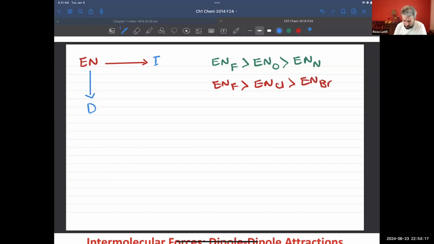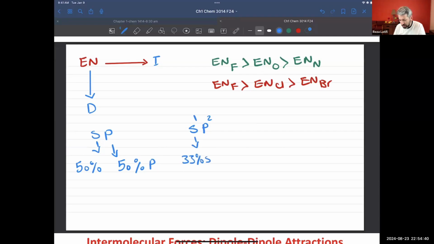That's one. We also talked about hybrid orbitals. We said sp has 50% s character and 50% p character. sp2 is going to be 33% s and 67% p character.